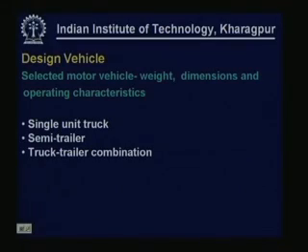So, there are different types of vehicles that are considered as design vehicles. Say for Indian conditions, single unit truck, semi trailer, truck trailer combination, all these vehicles can be used as design vehicles.